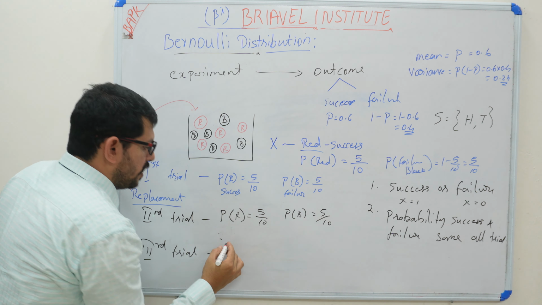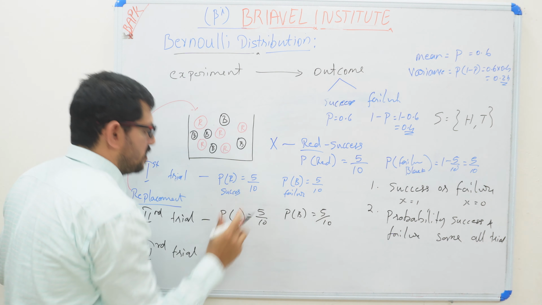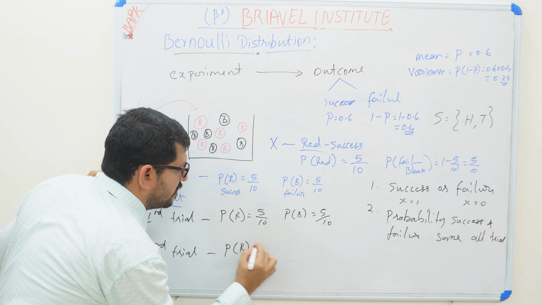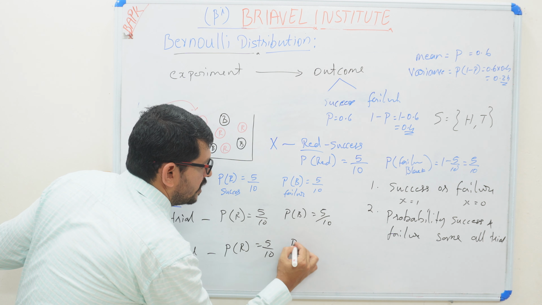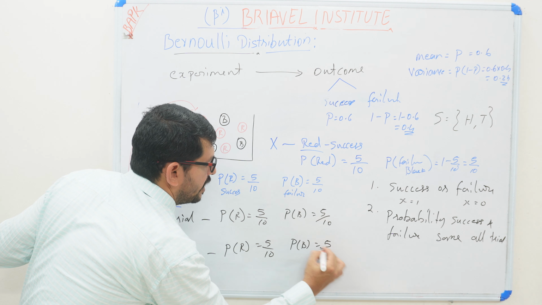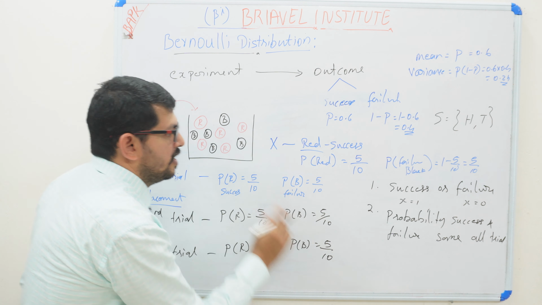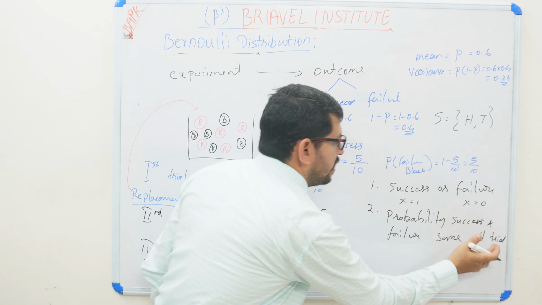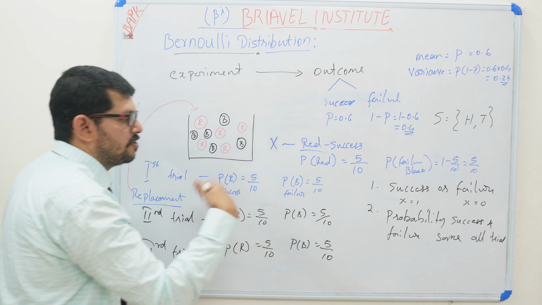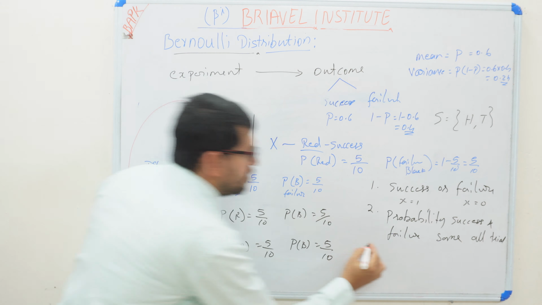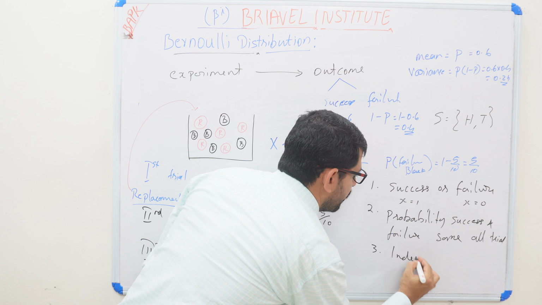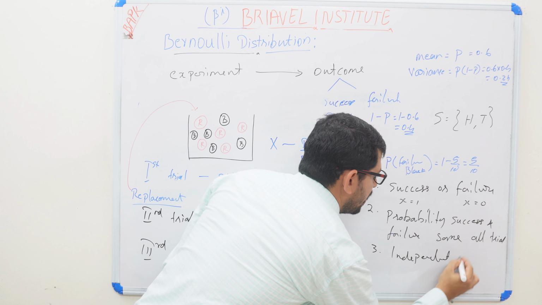So for the third time, one ball is taken from here. The probability of red is 5 by 10, and the probability of black is the same 5 by 10. In all cases, success or failure have the same probability. There is no change. And these trials, we can say, are independent and identical.